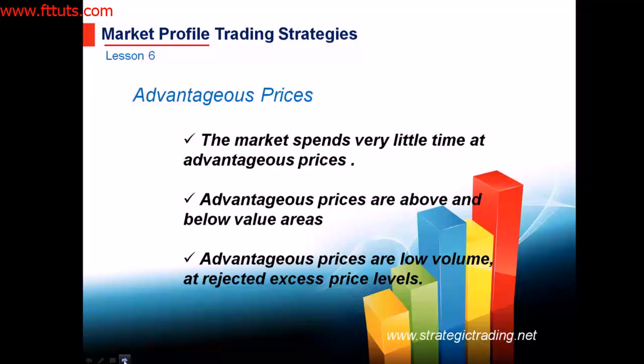Also, at these extremes, or advantageous prices, we will always find that we are outside the value area. We are either going to be above it or below it. So by definition, if prices are within the value area, they're obviously not advantageous. You either have to be below value or above value to create an advantageous price.